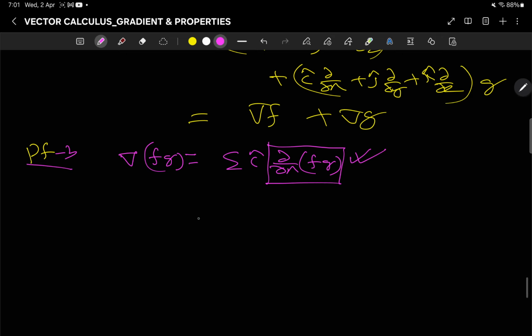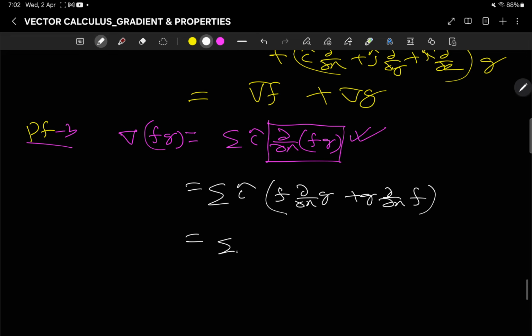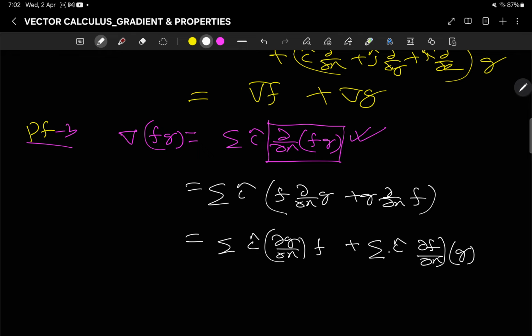So I write summation of i, here the properties of the derivative, f del by del x g plus g del by del x f, right? So this is equal to summation of i del g by del x f plus summation of i del f by del x g. In that way I write this.